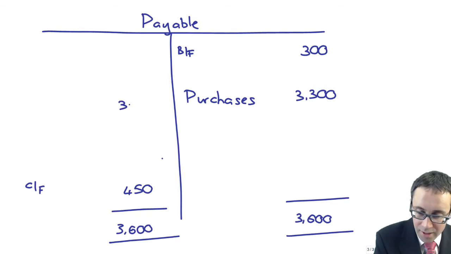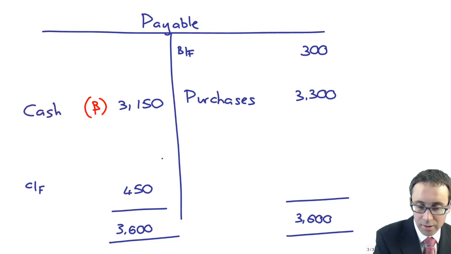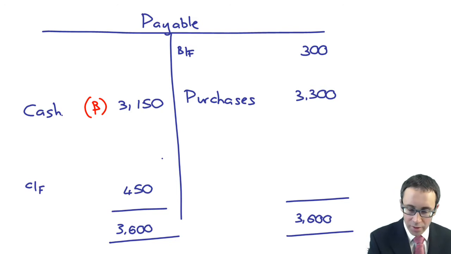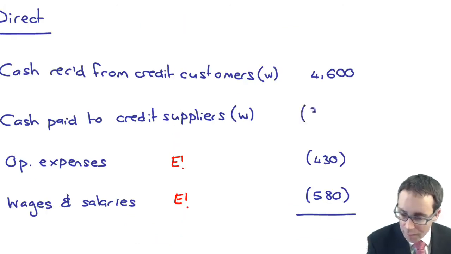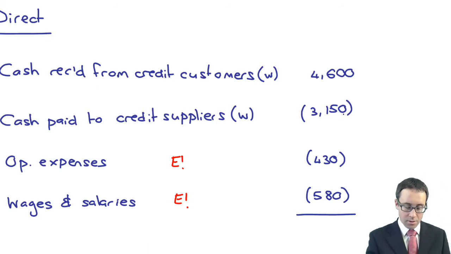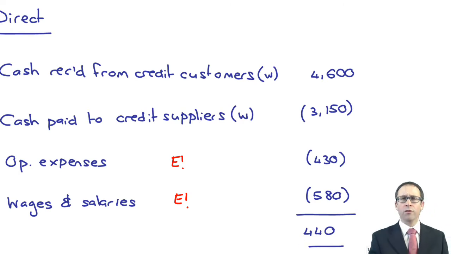And that gives me a balancing figure of 3,150. Again, that entry is a cash entry, as you've credited bank, careful, credited bank and debited your payables. So you've got there 3,150 as an outflow. And once you've got that, you can then work out your cash from your operating activities, which is 440. Okay, excellent.